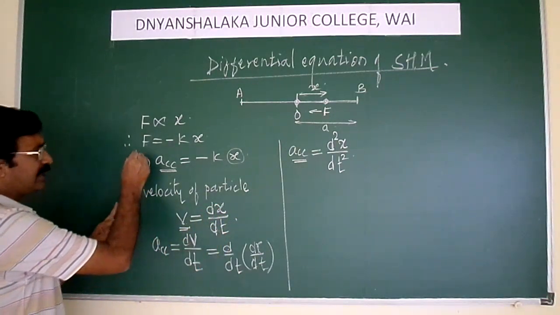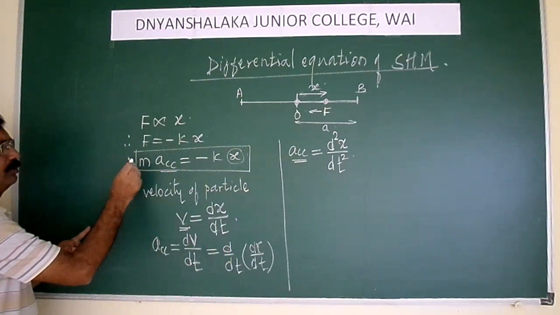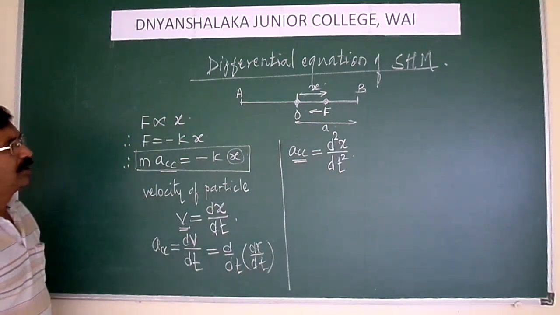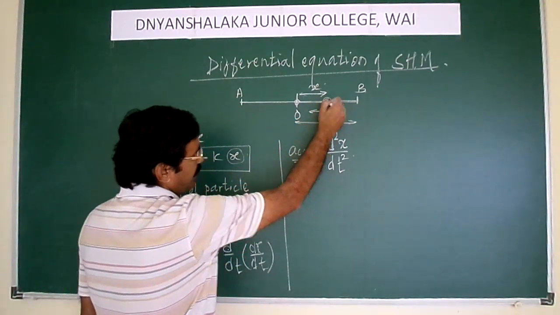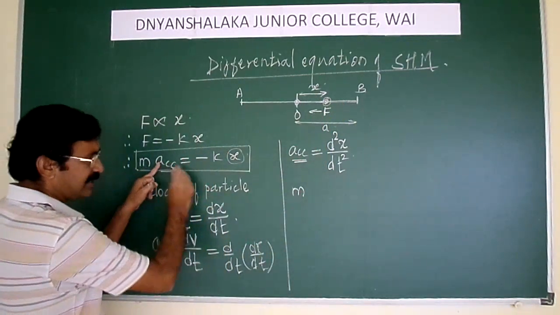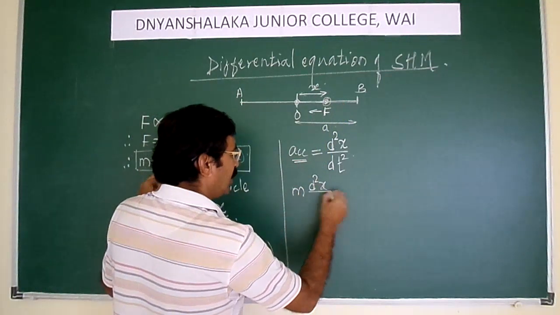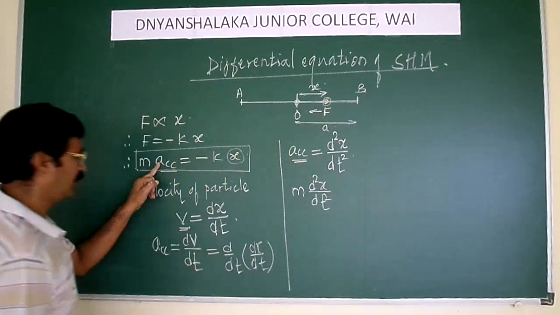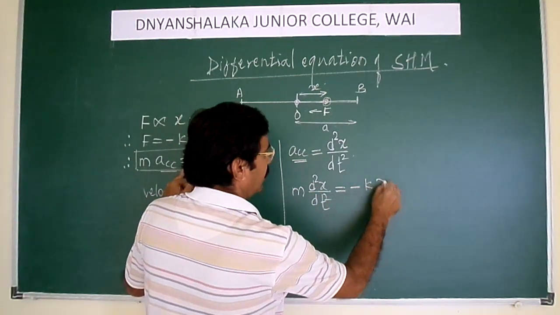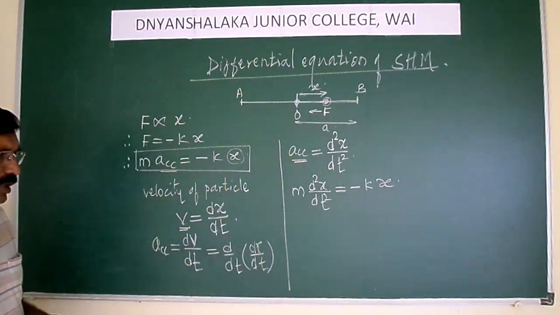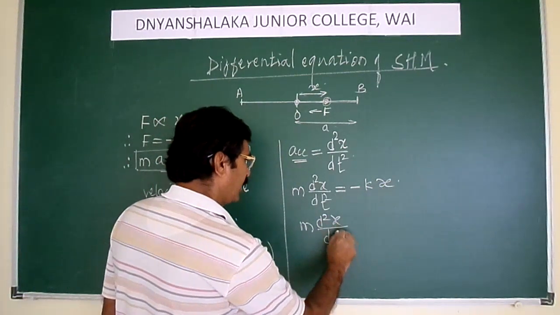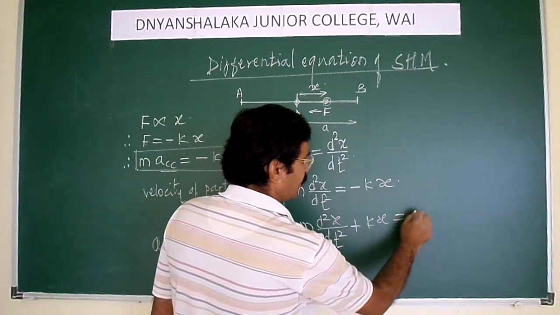And so, in the given expression for the force acting on the particle performing simple harmonic motion, we can write m into acceleration, that is d2x upon dt2, equal to minus kx, or m d2x upon dt2 plus kx is equal to 0.